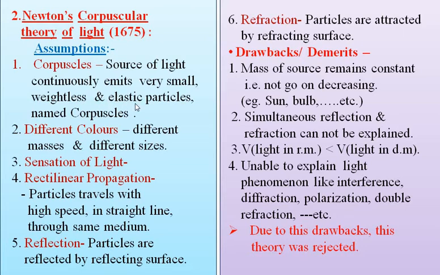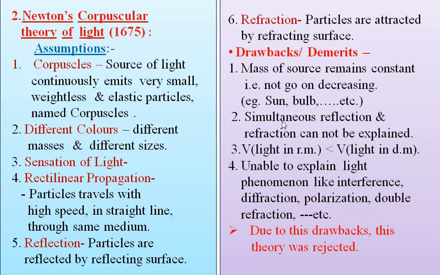Due to this, its mass must go on decreasing, but this is not correct. The mass of the source remains constant, not going on decreasing. This is a drawback in Newton's corpuscular theory, because the mass of the sun, or of any source of light, remains the same.